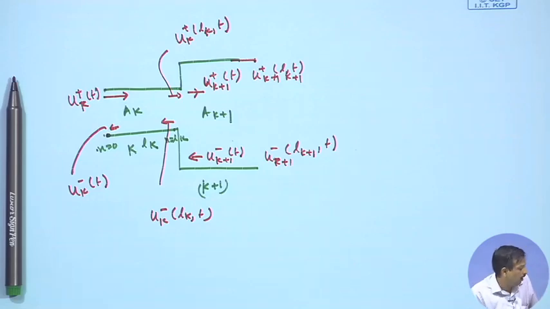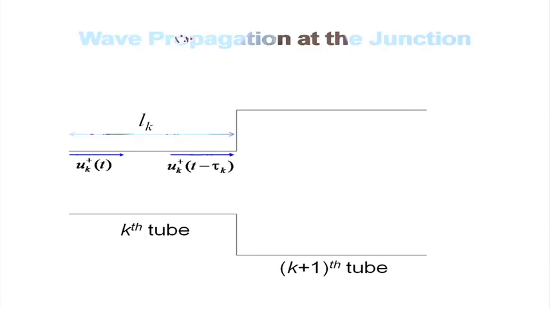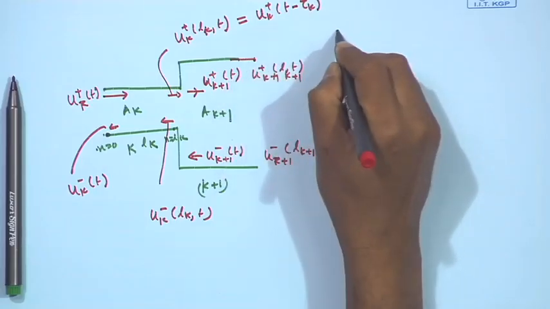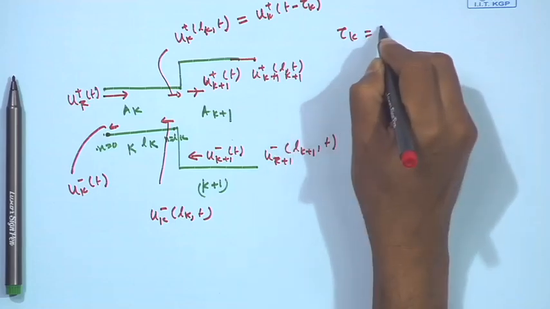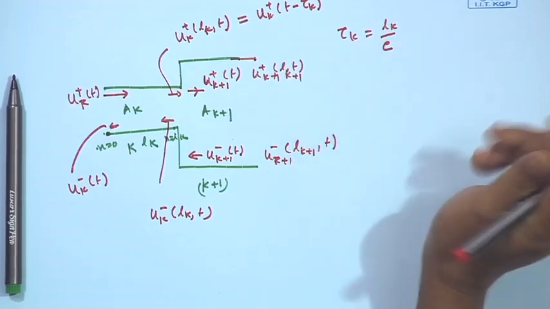Okay. Now, what will happen if you see the slides? I had tau k. So, here I have written tau k. Why? What do you mean by tau k? This is nothing but u_k^+(t - tau_k), where tau_k is nothing but L_k by c.